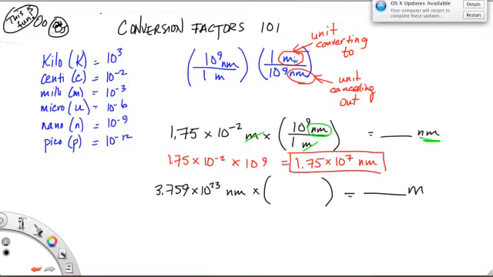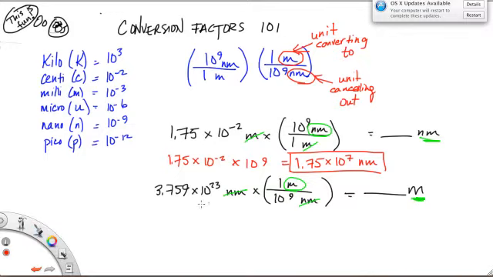Because meters is the unit I want to convert to. Nanometers is the unit I want to cancel out. So I have 1 meter in 10 to the 9th nanometers. And I can double check that, and I can see that nanometers is here, they cancel out. I have meters here in the numerator. That's the unit I'm looking for in my answer.